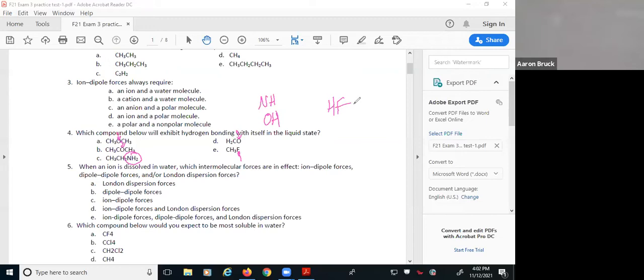So the only hydrogen bonding we get out of fluorine is in hydrogen fluoride. Everywhere else, we're looking for one of these groups, either a hydroxyl group like this or an amino group like this. So either NH or OH. That would indicate that we're dealing with an alcohol or an amine, and those would hydrogen bond. So C is the correct answer there.